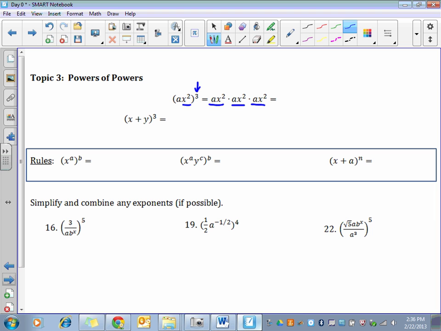We've got a total of 3 a's multiplied by itself, and I can write that as a cubed. And then I've got x squared times x squared times x squared. As we learned in the previous law, we add the exponents. So this really is x to the 2 plus 2 plus 2 power, which gives us 6.